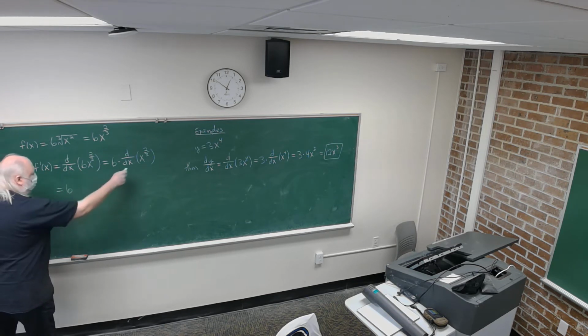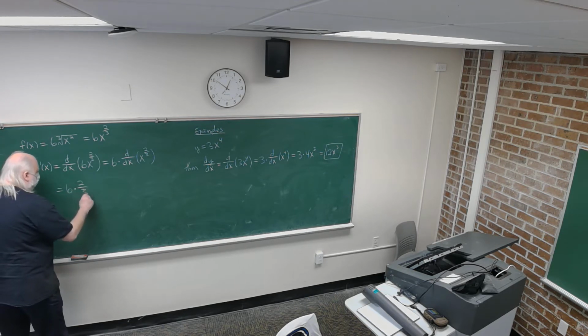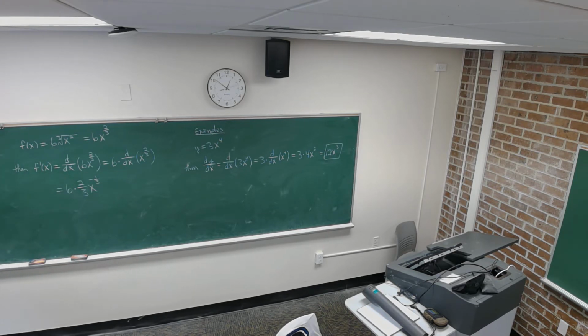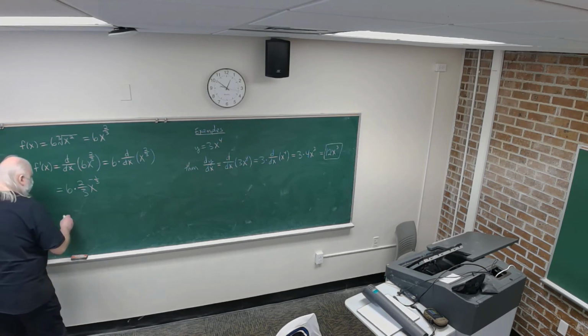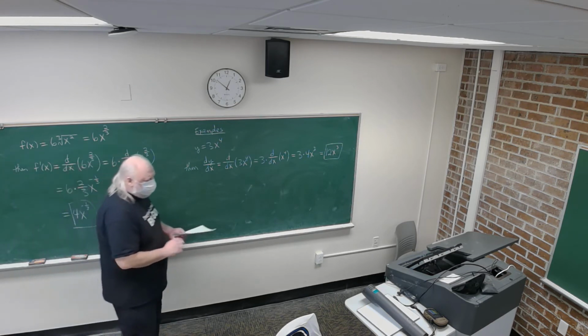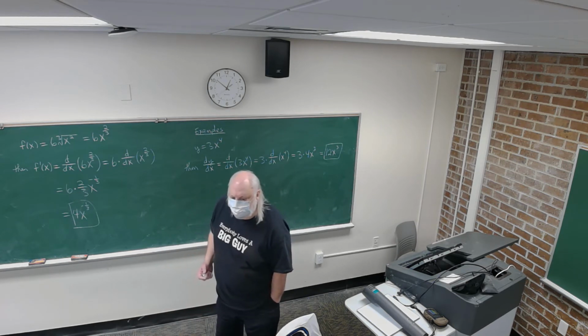So by the power rule, the derivative of x to the 2/3 with respect to x is 2/3 times x to the minus 1/3. And 6 times 2/3 simplifies to 4. We'll just leave it as 4 times x to the minus 1/3. Any questions on that?